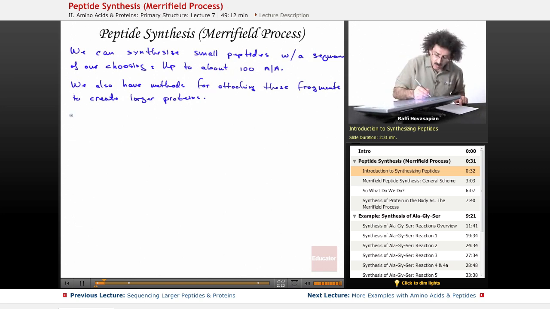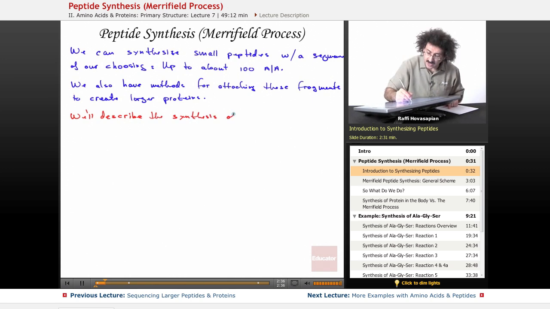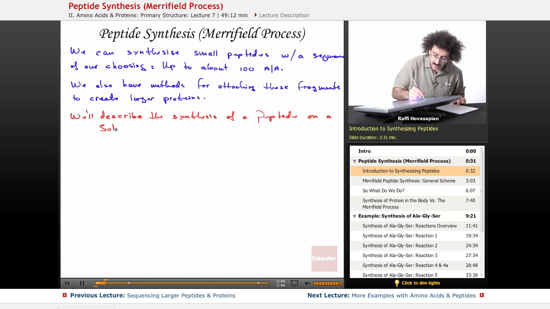Okay, so what we're going to do is describe the synthesis of a peptide on a solid support. And I'll tell you what that means in just a second.